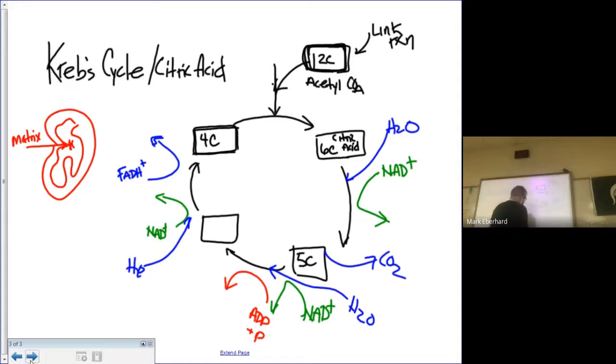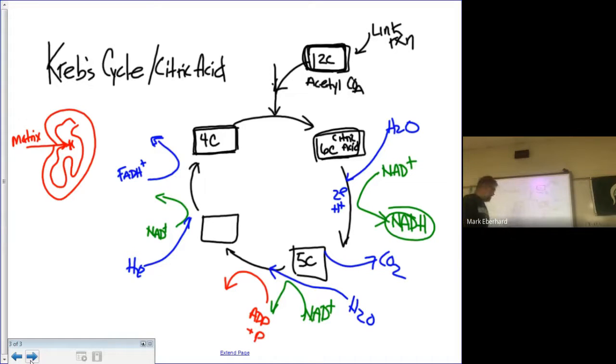In the process, we are also releasing electrons and hydrogen, which allows us to reduce NAD+ into NADH. So we've oxidized the 6-carbon molecule, we reduced the NAD, and we created a new 5-carbon molecule. Oxidized here, and we reduced to here.